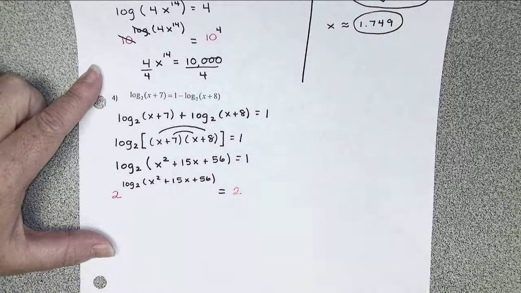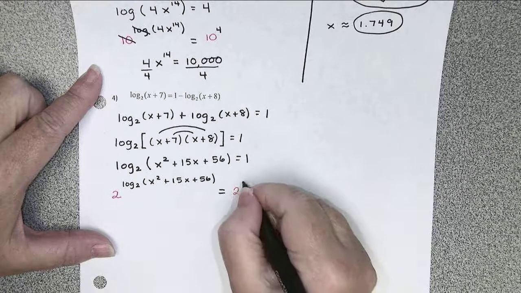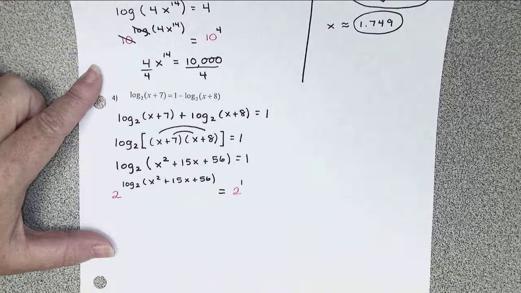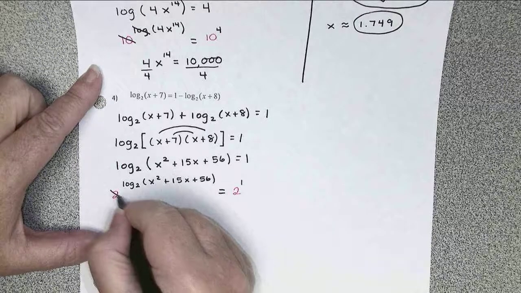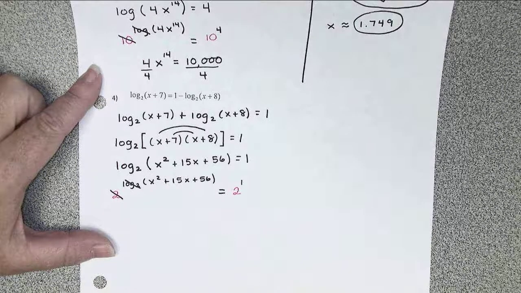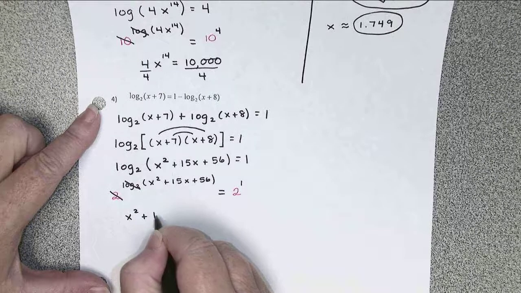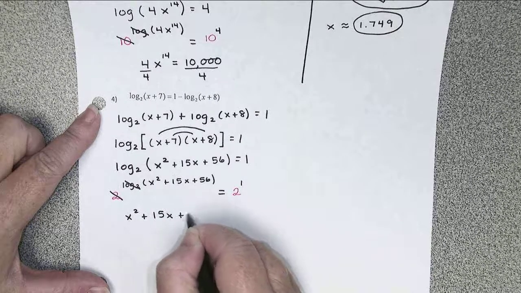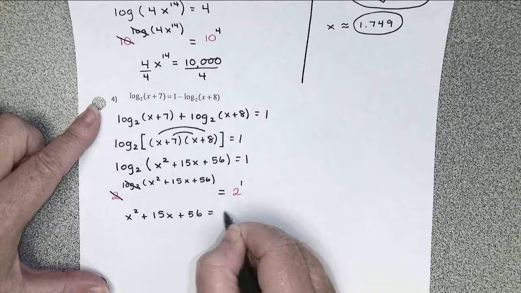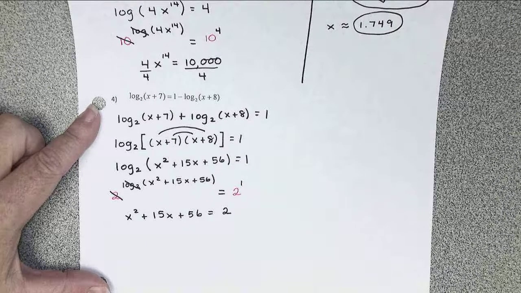Same thing on the right-hand side, right? Exponentiate on a base of 2, so that becomes 2 to the first. I always have to do the same thing on both sides. And there are those inverses again. So I have x squared plus 15x plus 56 equals 2 to the first, or just 2.